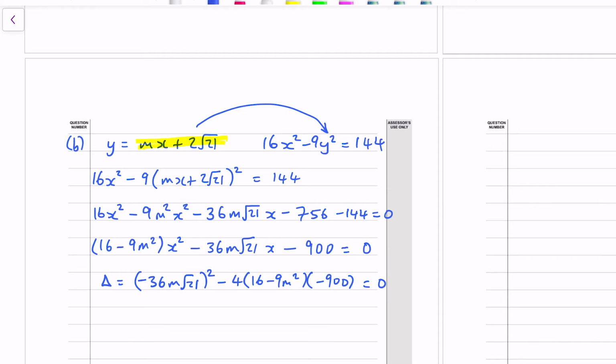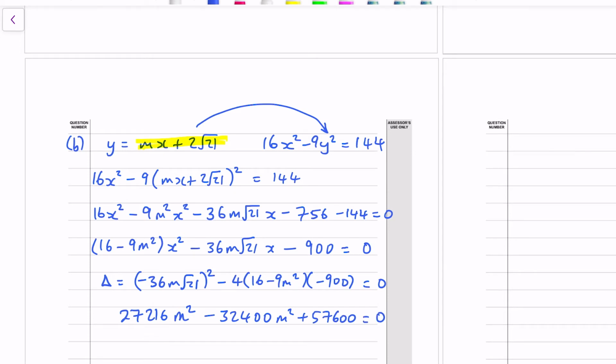We've got 27,216 m squared minus 32,400 m squared minus 4 times 16 times minus 900 plus 57,600.